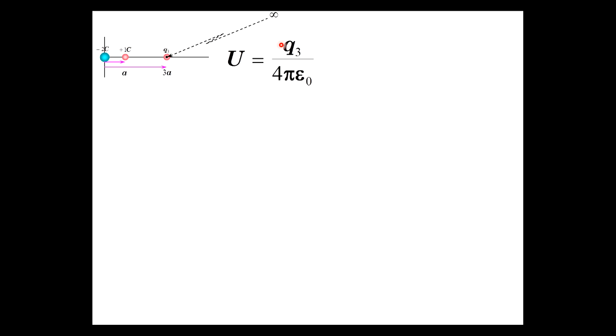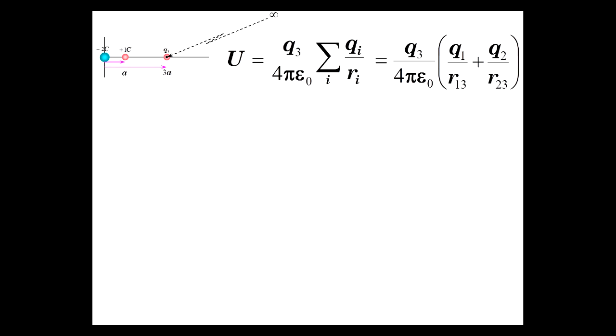So kQ3 times, individually, Q1 over its radius and Q2 over its radius. Carried out, kQ3 times Q1 over r13, and Q2, the 1 coulomb, over this radius r23. More quantitatively, Q1 is minus 2, its distance from Q3 is 3a, and then plus 1 and 2a.